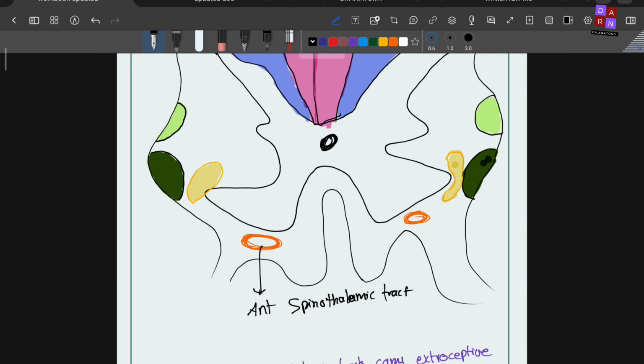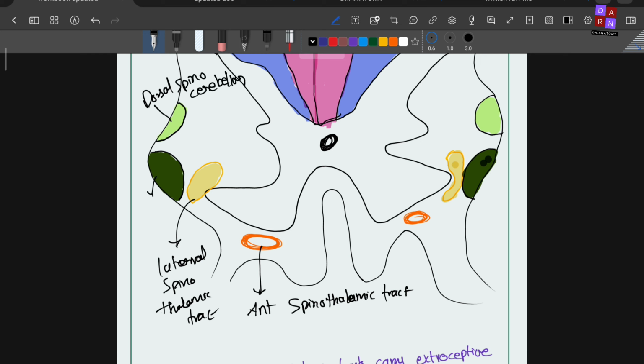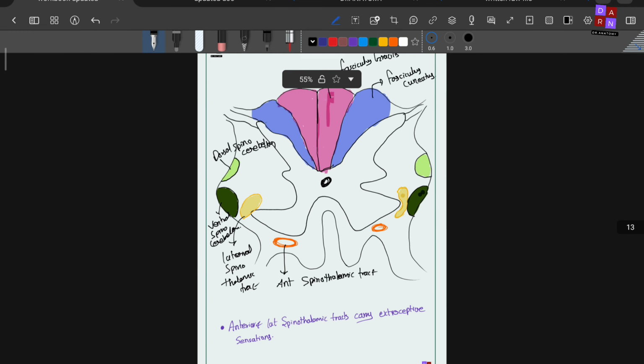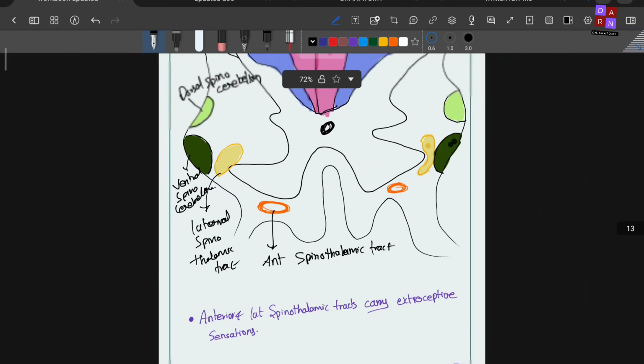This is your lateral spinothalamic tract. This is your dorsal spinocerebellar tract. This is your ventral spinocerebellar tract. These are all the ascending tracts we have discussed.